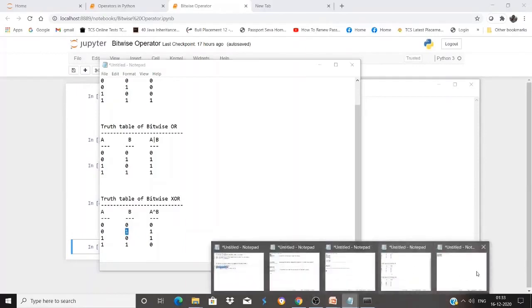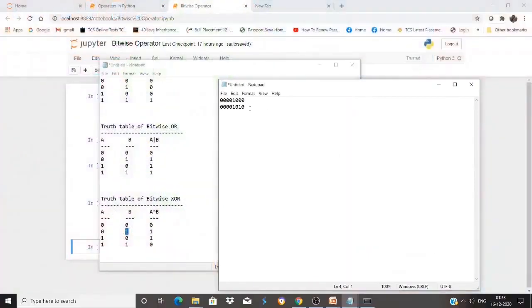So if we apply the XOR operator on these two inputs, for the rightmost bit, we have the same bits, so the output will be 0. For the second bit, we have different bits, so the output bit will be 1.